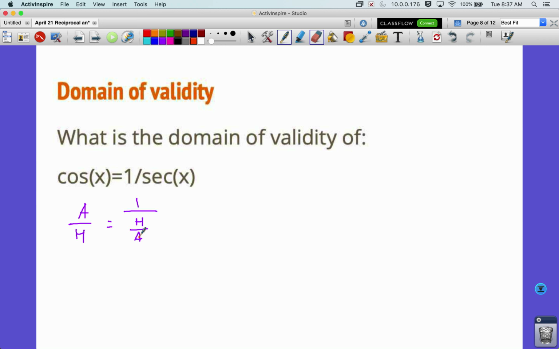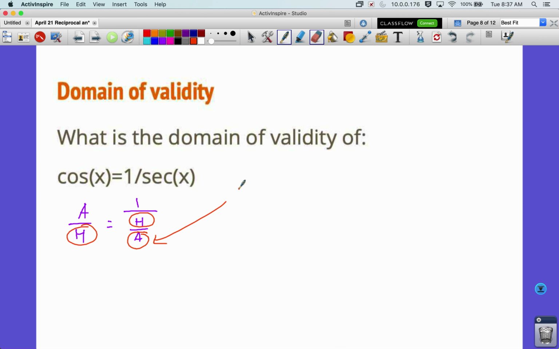But I want to look now for any side length that's in the denominator. We've got adjacent in the denominator. Hypotenuse counts as being in the denominator because it's on the bottom of this bigger fraction, and this one as well. So the hypotenuse in our unit circle is never going to be 0, but adjacent can sometimes be 0.